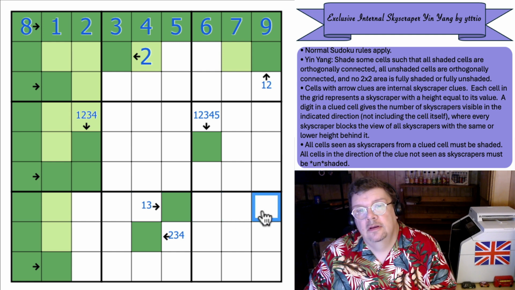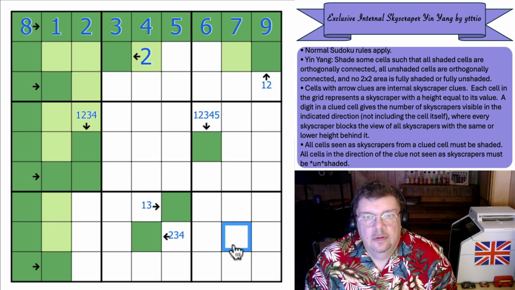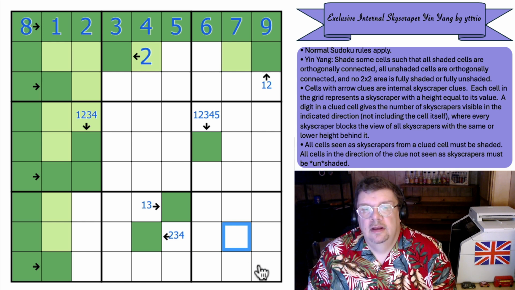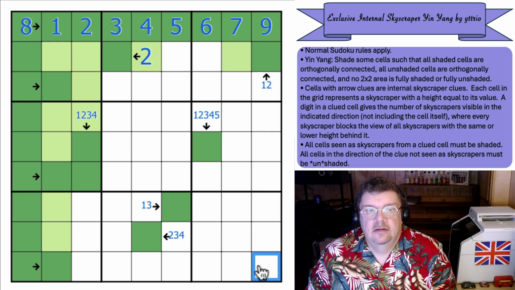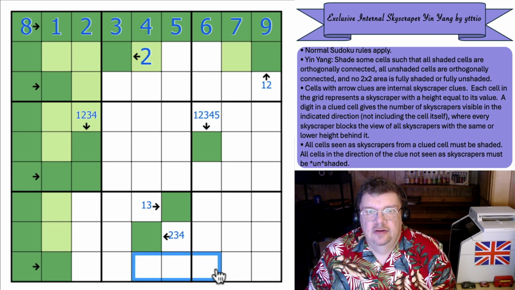Well, okay, let me think about that. Right, I know that this can't be shaded. Oh, no, hang on, that could be shaded if that's all shaded, and then I have an unshaded section along here.